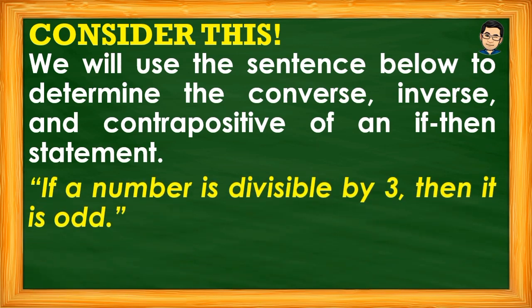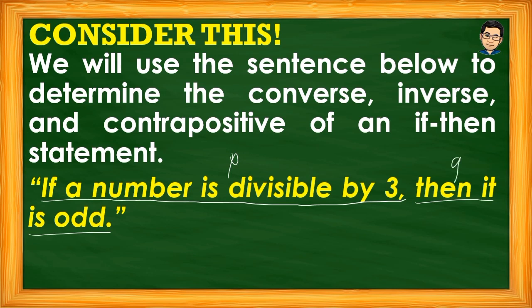So, yung statement natin is, if a number is divisible by 3, then it is odd. Okay, so dito, yung if clause natin, ayan, a number is divisible by 3. So, yun po ang nagsisilbing hypothesis. And then it is odd. Yan po naman ang nagsisilbing conclusion.